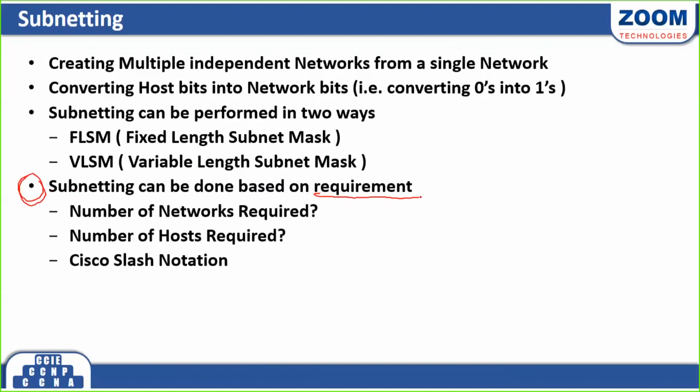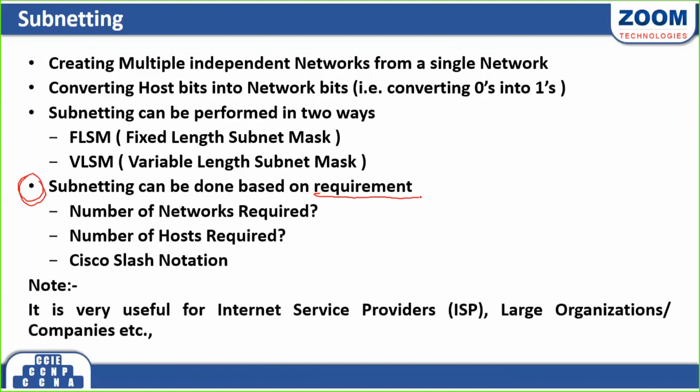Subnetting is very useful for service providers and large companies. Service providers need to provide IP addresses for customers, and they can't provide one whole network to each customer. So they take one network and divide it into multiple parts, each part for each customer. If one network is divided into 100 parts, they can provide for 100 customers.